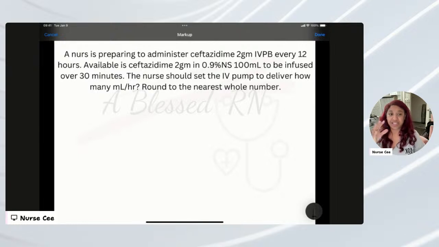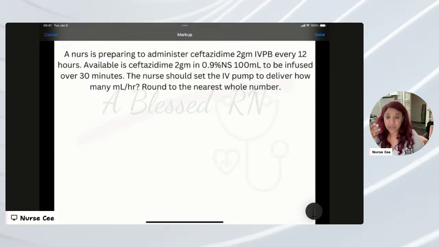All right, so listen, with IVs, you're trying to see the rate. IVs are about how much volume of medicine or solution has to go in over a certain amount of time. If it's not a weight-based IV, you'll be looking for two things: volume of infusion and the infusion time.